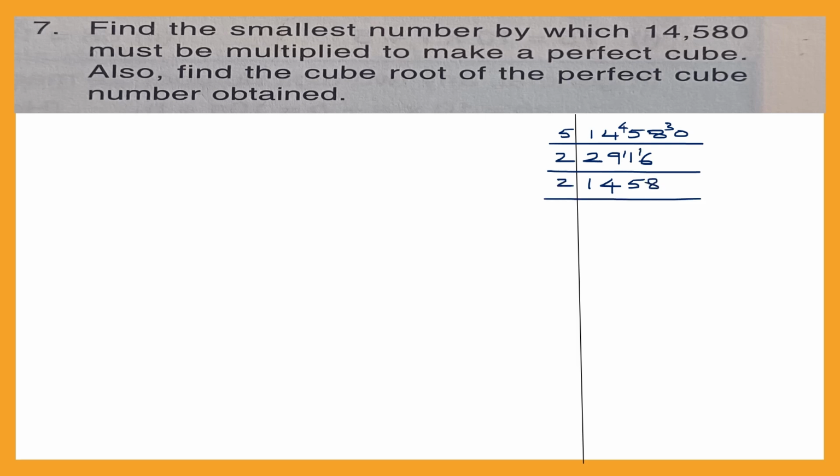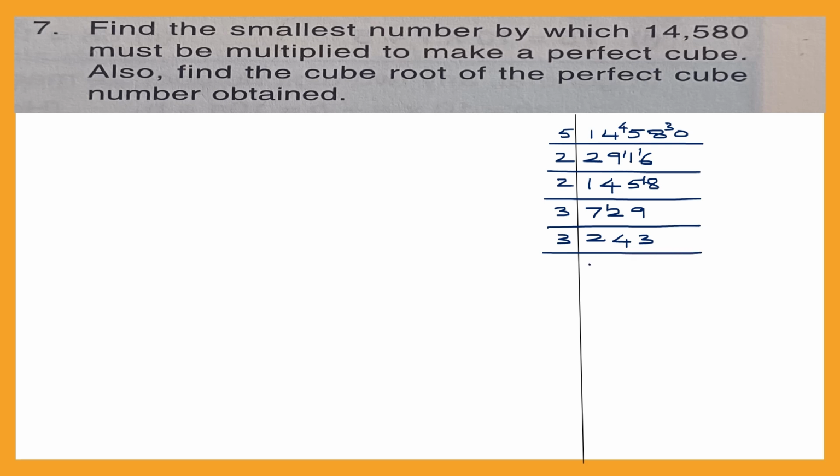Now I'll take 14. 2 7s are 14. Then I'm going to take 5. 2 2s are 4. There's 1 left, 18. 2 9s are 18. Now this number can be divided by 3. 3 2s are 6. There's 1 left, 12. 3 4s are 12. 3 3s are 9. Divide again by 3.